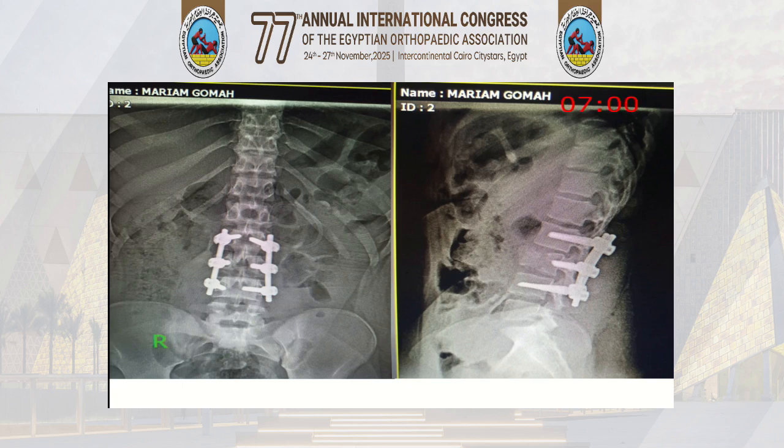In the index vertebra, the fractured vertebra, on the right side screw, I will use a longer one. It will not be a compression screw. But I will do it like this. I will go for a longer one.